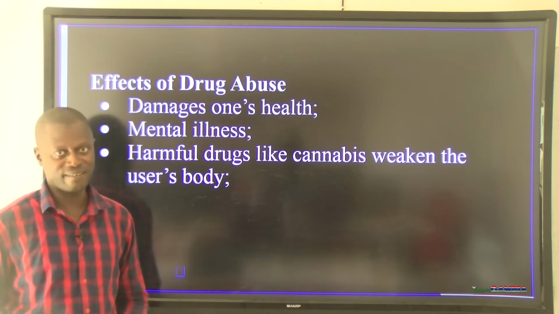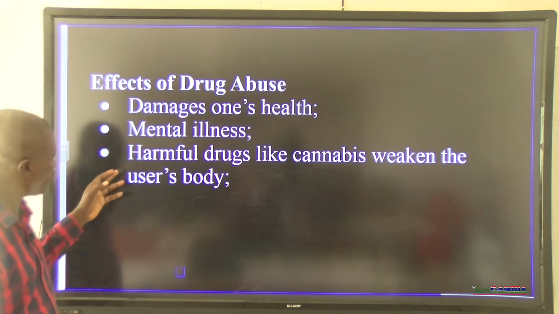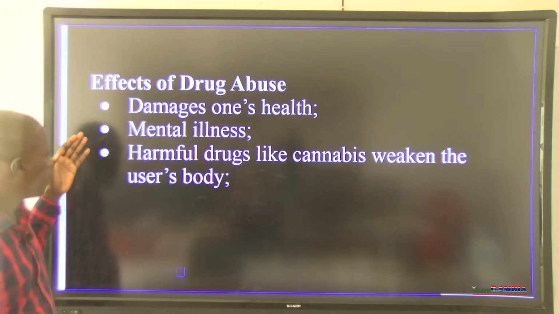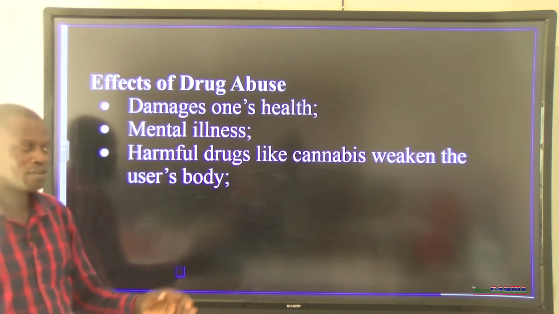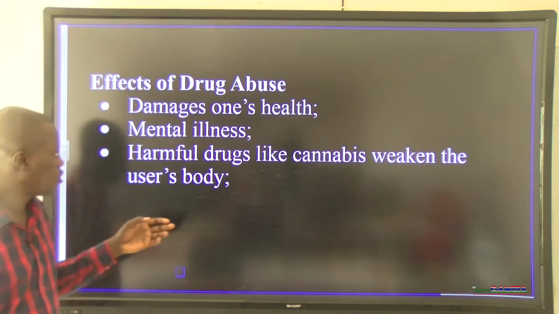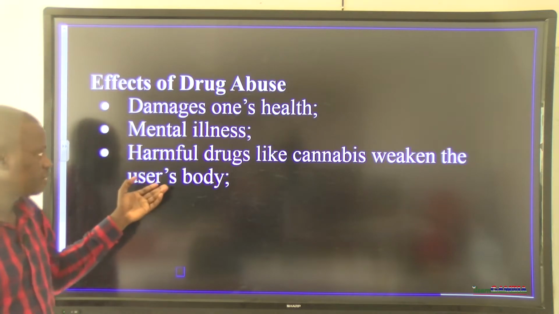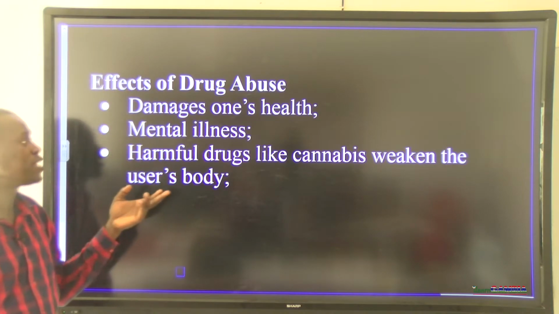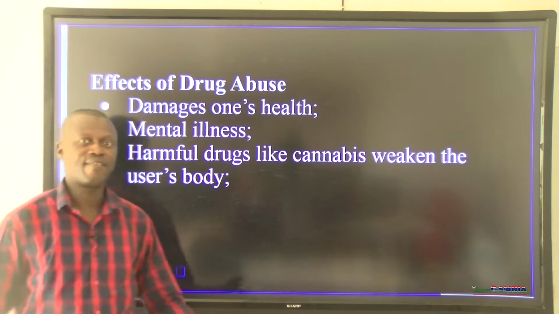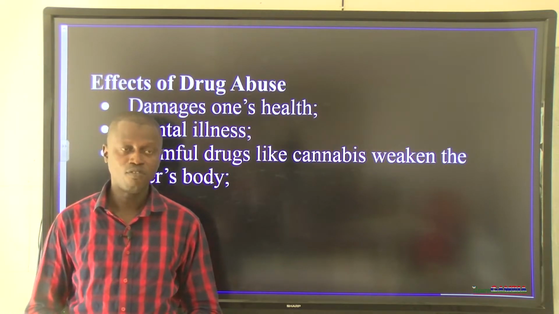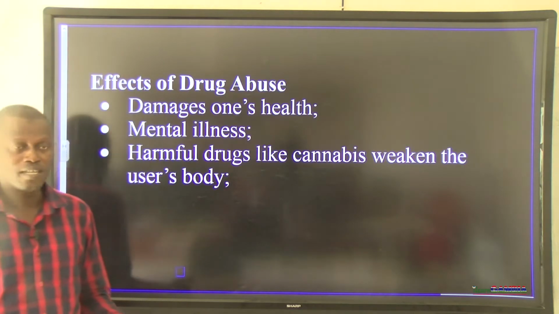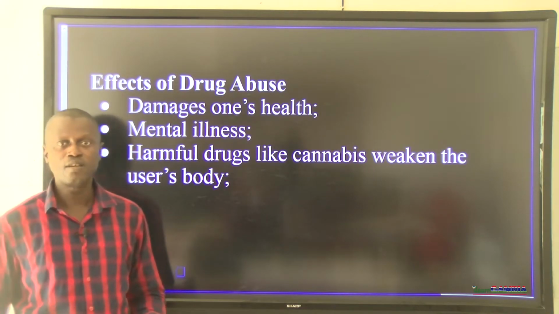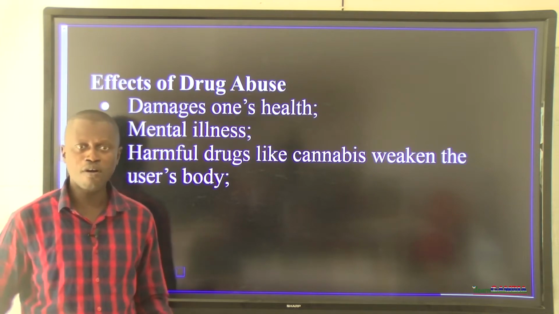It's completely different. It also leads to weakening of the user's body. It results to the body experiencing a series of harms, and it even weakens the user's body. You look at some of the addict smokers, the body is so slim that sometimes it looks like the structure of a skeleton.